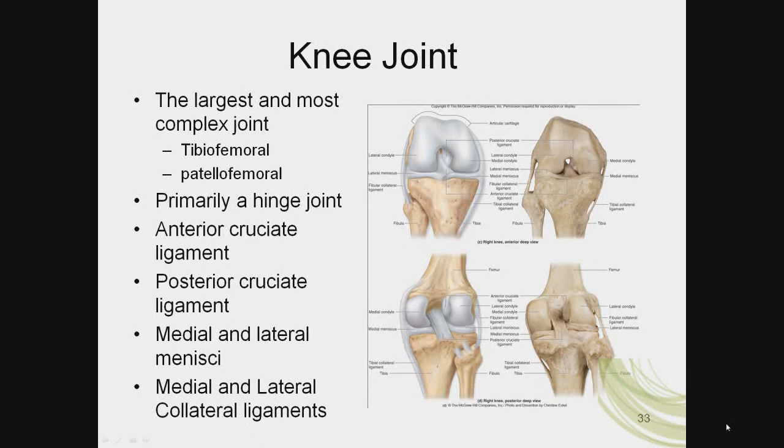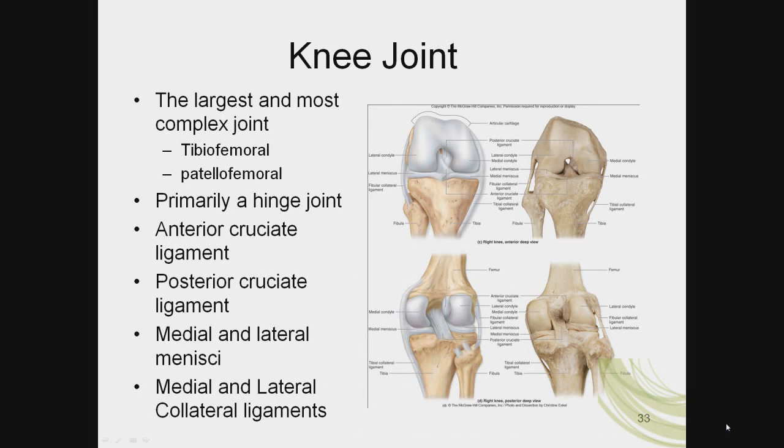Again, these are fibrocartilage. Also deep to the articular capsule of the knee joint are two cruciate ligaments, which limit the anterior and posterior movement of the femur on the tibia. These ligaments cross each other in the form of an X, hence the name cruciate, which means cross.